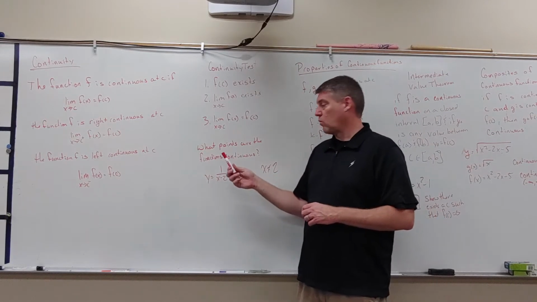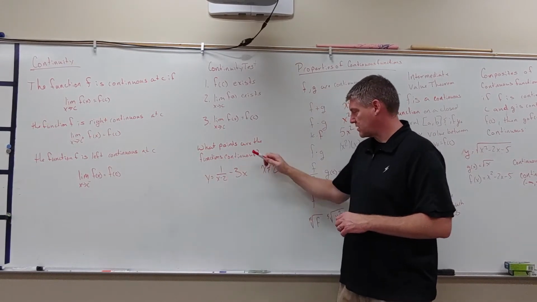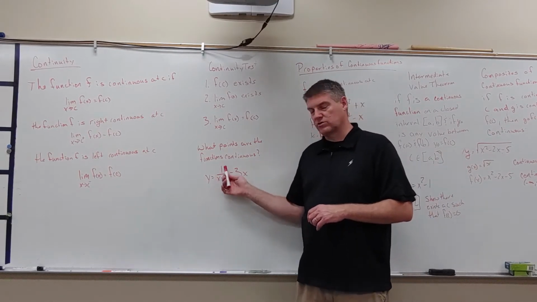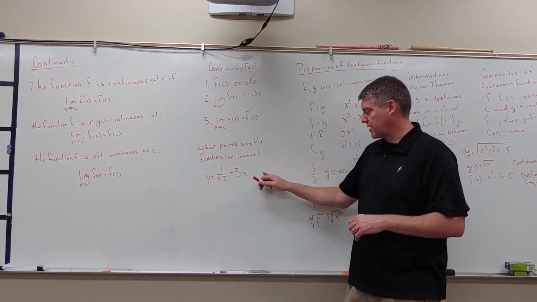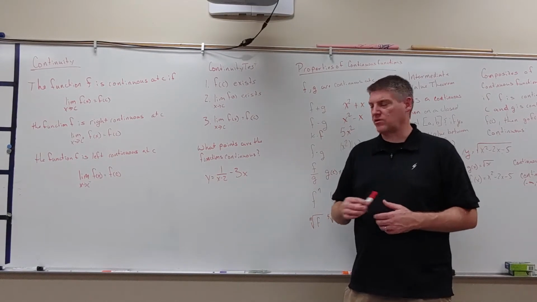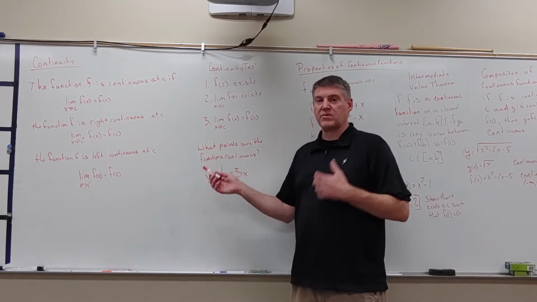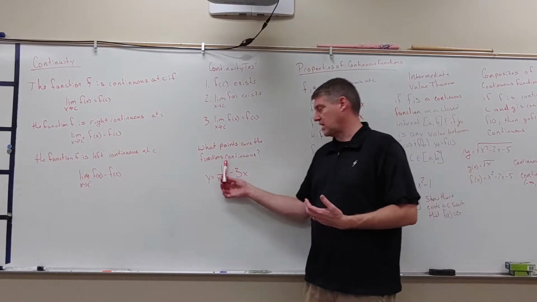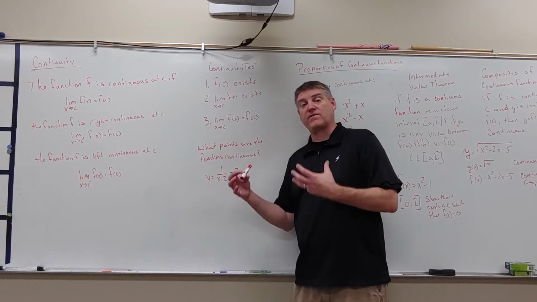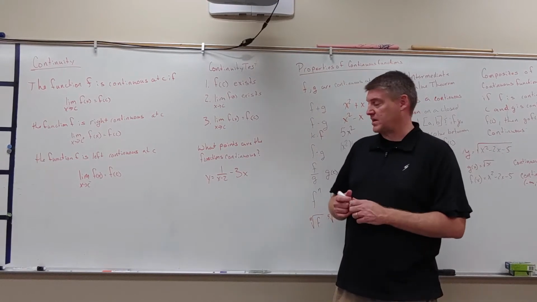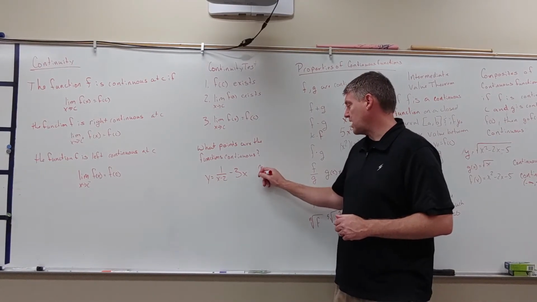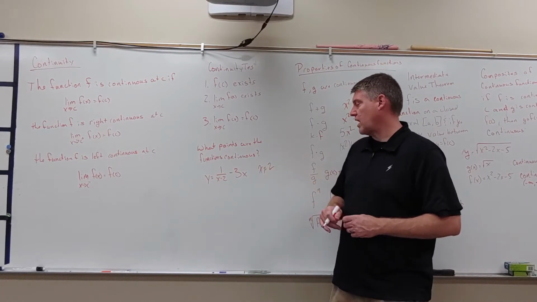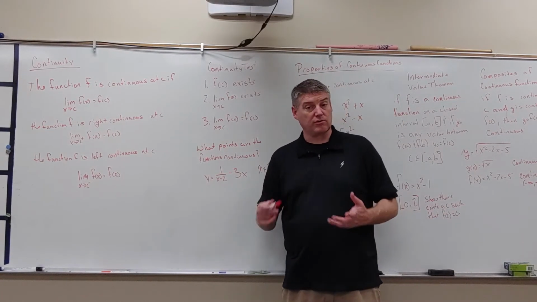Now, at what points is the function continuous? Here I have y equals 1 over x minus 2, minus 3x. The first thing you should notice is I have this fraction here. When I have a fraction, I can't divide by 0, so I need to solve that out and figure out what value is going to give me a 0 in the denominator. That's x equals 2. So we know x cannot equal 2, because then I would have a 0 there.